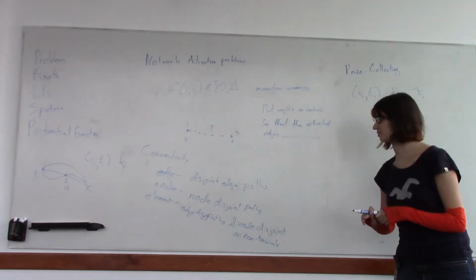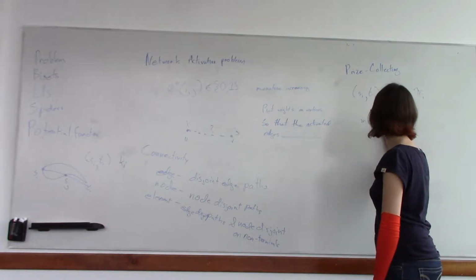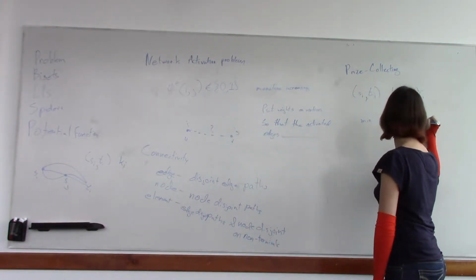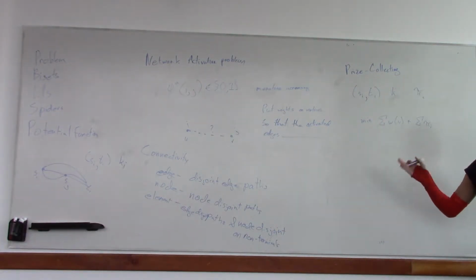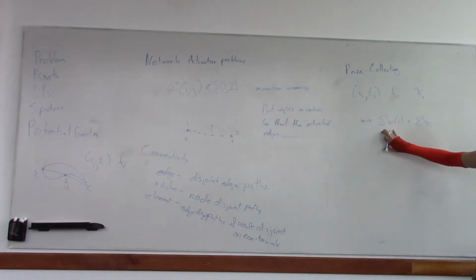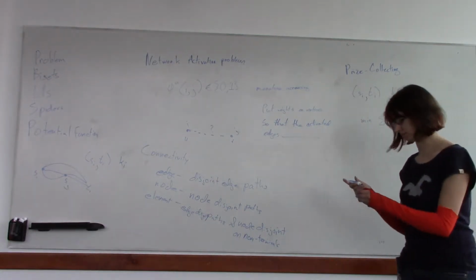And in this version, we're going to want to minimize the weights of the vertices and the sum here. So we're not doing it by criteria. We're just totaling how much we pay on the vertices plus how much we are penalized, and we want to minimize that.